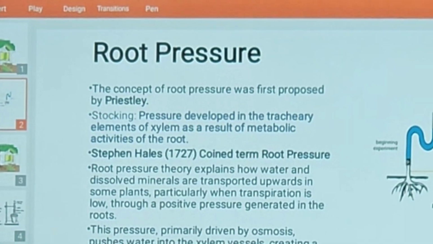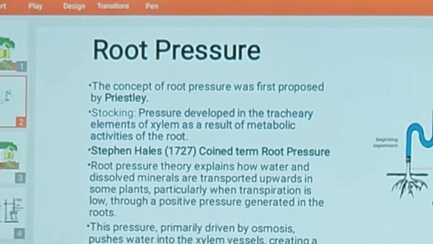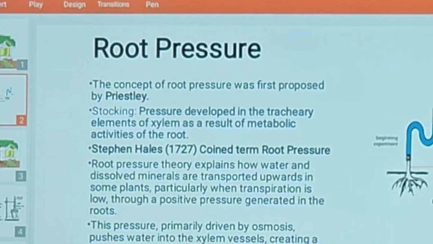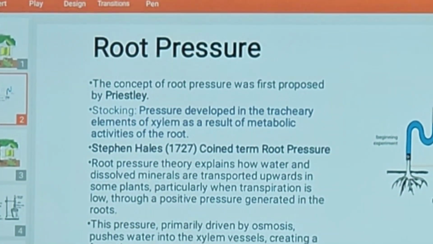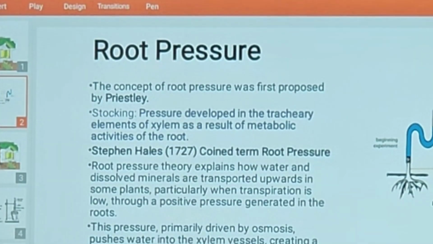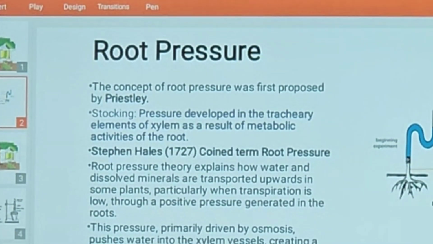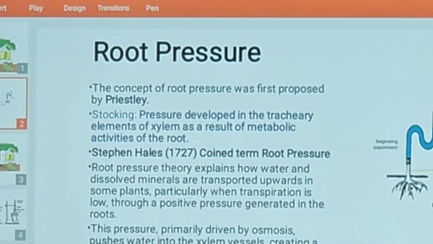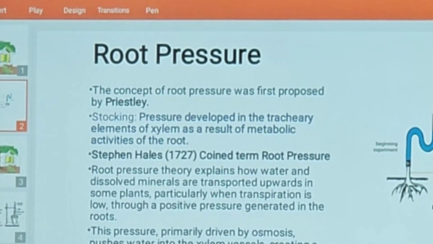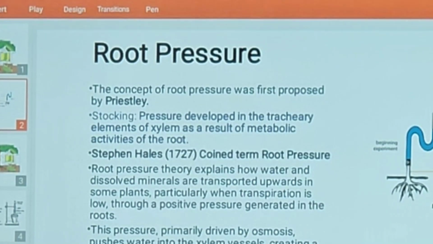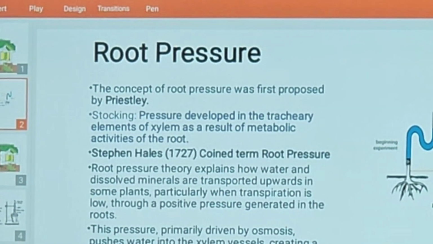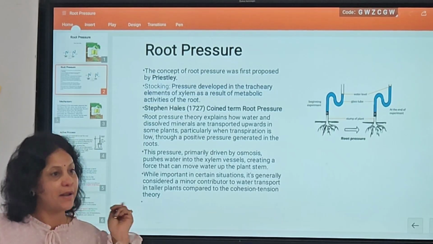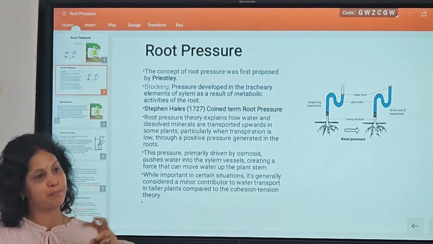And osmosis is the process which transports water from higher water potential to lower water potential, but as I explained to you, it is an active process, and in active transport movement takes place from low concentration to higher concentration. So here low concentration represents the concentration of ions, which is generally low in the soil as compared to the root cell, because in soil water potential is usually high and water moves from higher concentration to lower concentration.